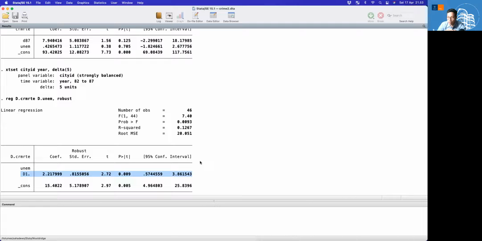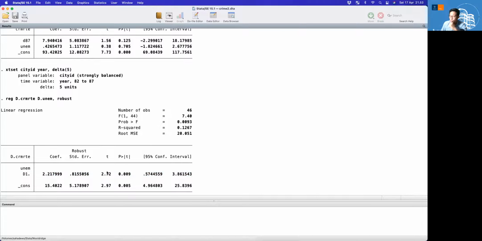In this particular case, a change in unemployment by a unit, which is usually 1 percentage point, is going to increase crime rate by about 2.2 crimes per thousand, which is in this case economically significant.